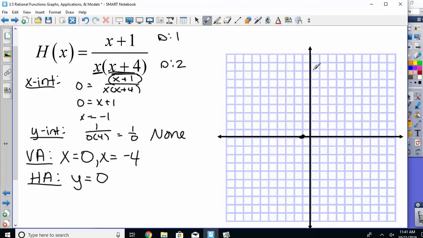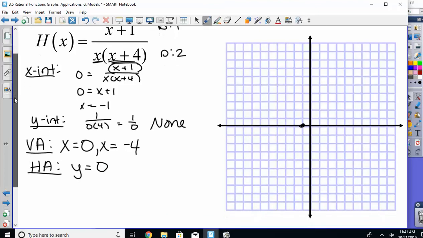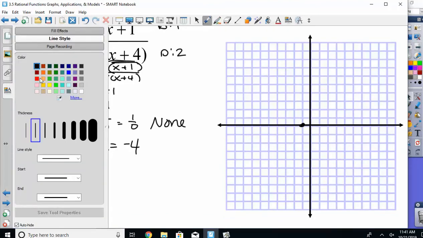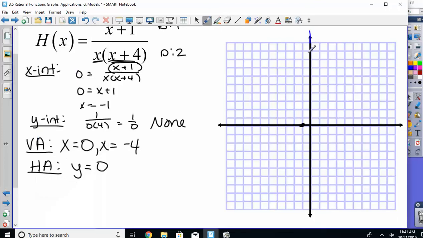So plot all this stuff. X equals 0. Be right here. X equals -4.